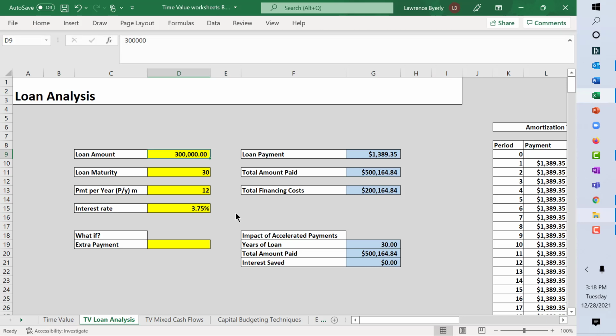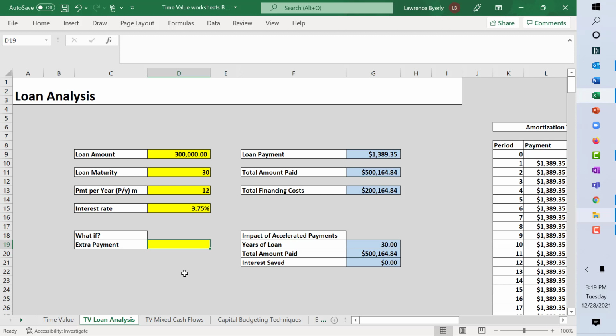For a $300,000 house. What if you said, look, I'd like to pay this off a little bit quicker. I can afford a little bit more than $1,389. There's something called a bi-weekly payment scheme where you take the payment and you divide it by 2, and then you make a payment every 14 days.